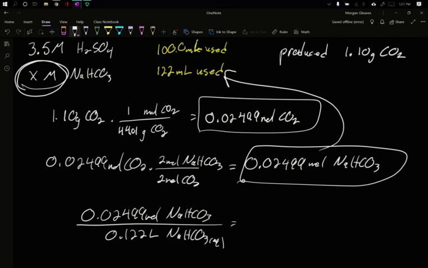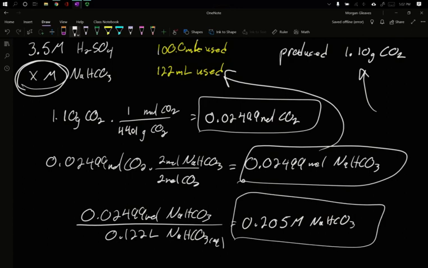And so if I divide those, we find 0.205 molar NaHCO3. What concentration would the sodium bicarbonate have had to have been so that 122 milliliters would make 1.1 grams? That solution would have had to have been 0.205 molar.